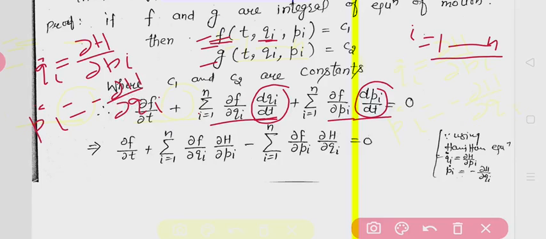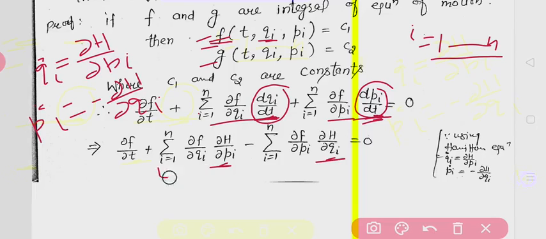These were the Hamilton equations as we discussed in the previous lectures. You place these values in, and I take the minus outside.